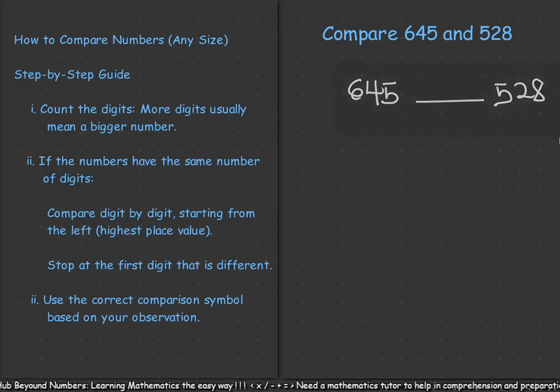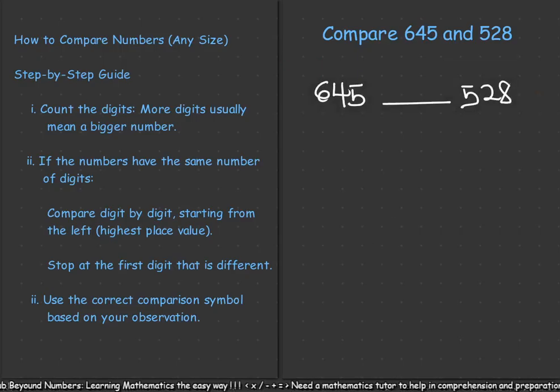So the first thing we want to do is to count the digits. Over here we have 1, 2, and then 3. There are 3 digits in 645. There are also 3 digits in 528. More digits usually mean a bigger number.